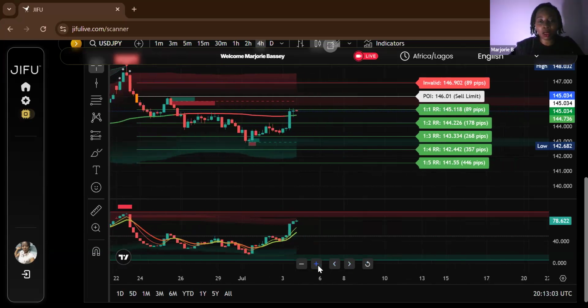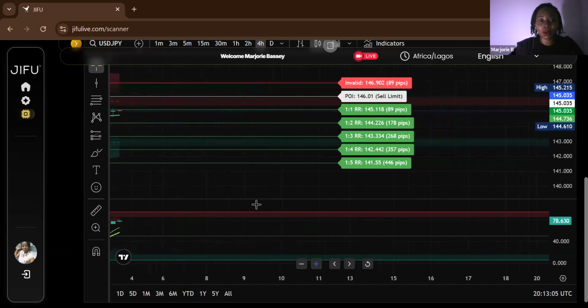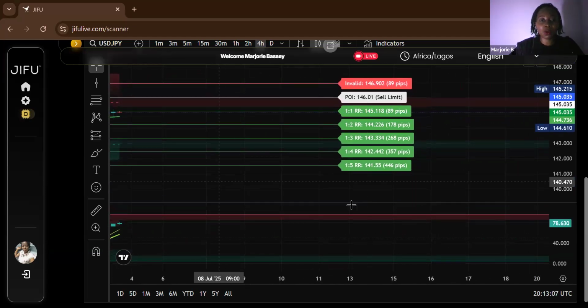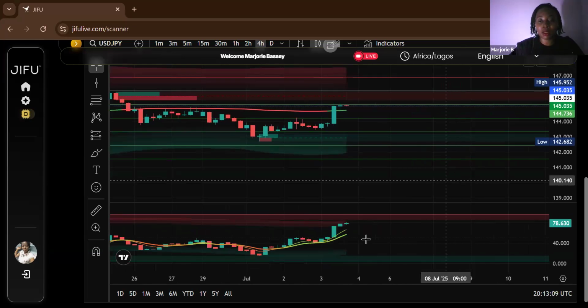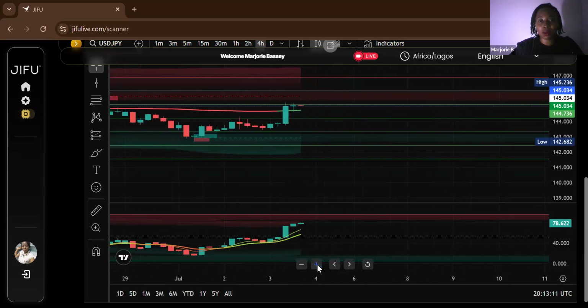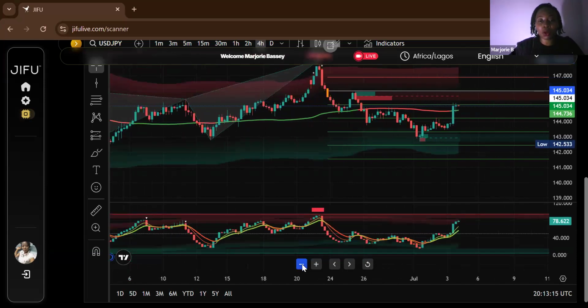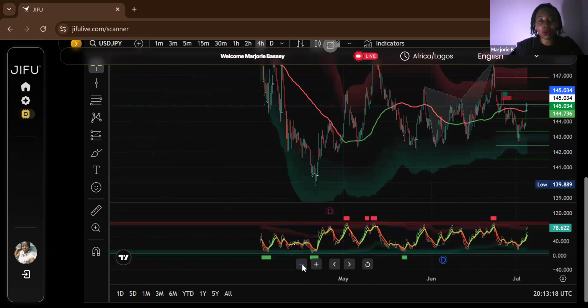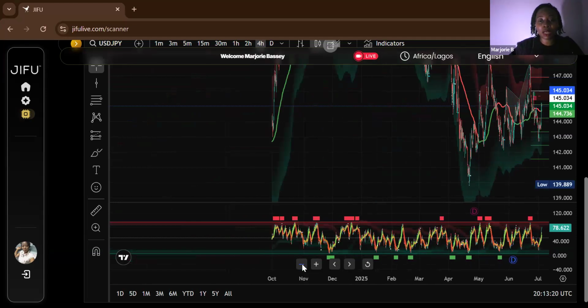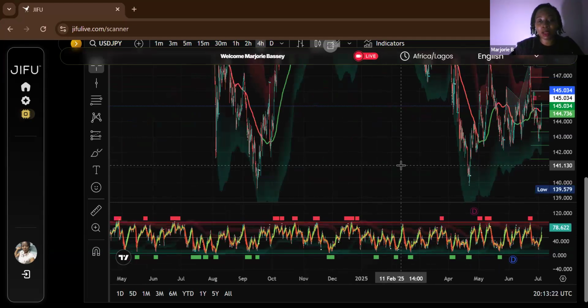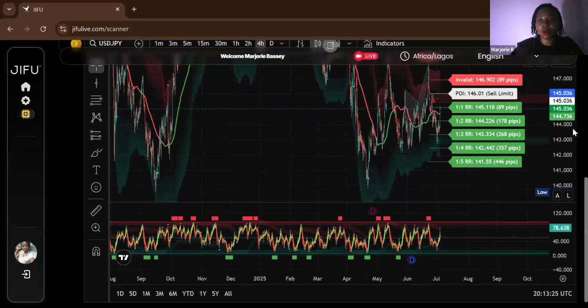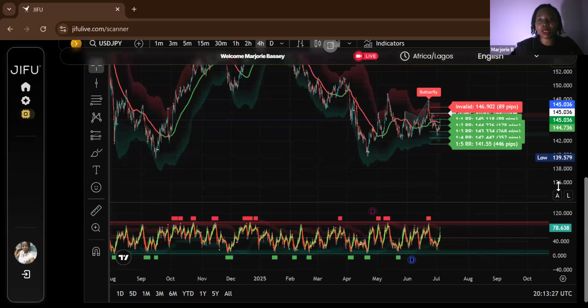When you zoom in, you expand the candles. But when you want to zoom out, you use the minus sign. Use the plus sign to expand the candles, use the minus sign to reduce and shrink the charts.